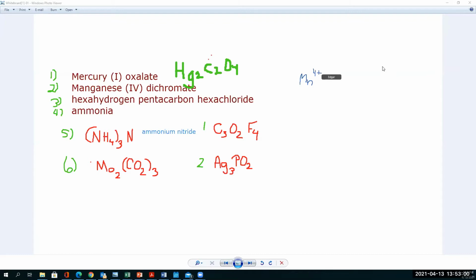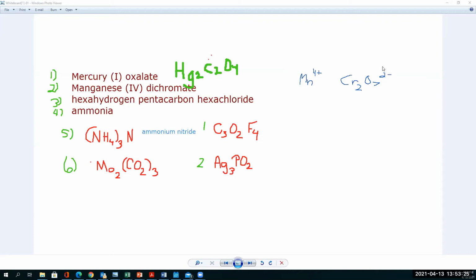And then looking at the polyatomic table, dichromate is Cr2O7 2-, which means I just need to have 2 dichromates to balance it out.